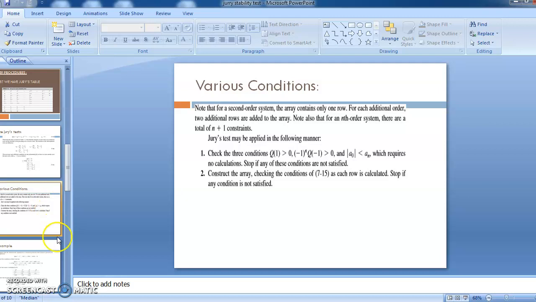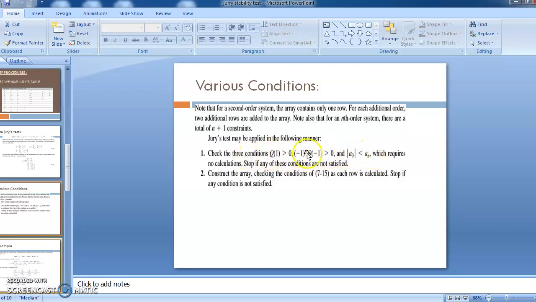let us take one example based upon the same. This is the conclusion of all that. What we will have to check, we had already discussed in the previous slide. So here q of 1 must be greater than 0, minus 1 raised to power n, q of minus 1, must be greater than 0. And second thing, a0 will be less than an. These are required, right?